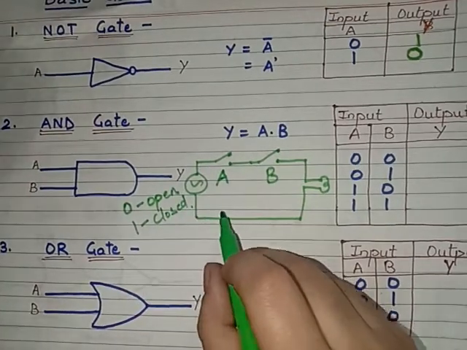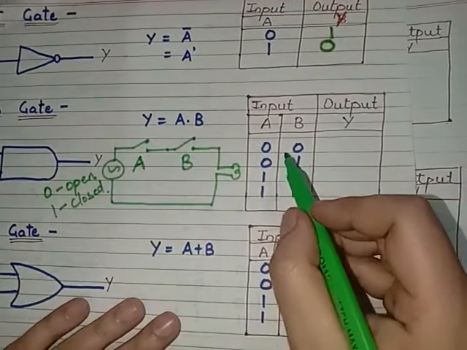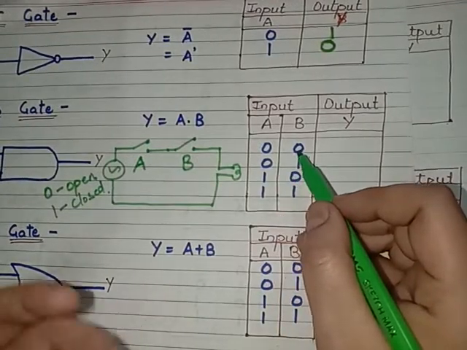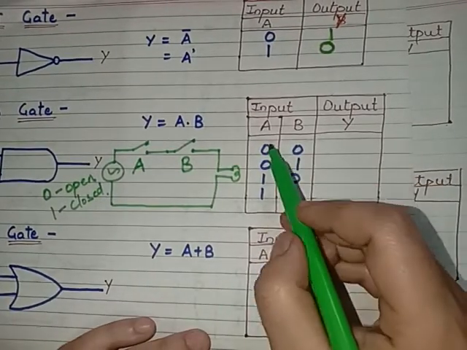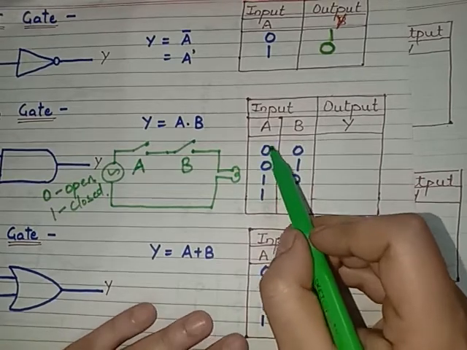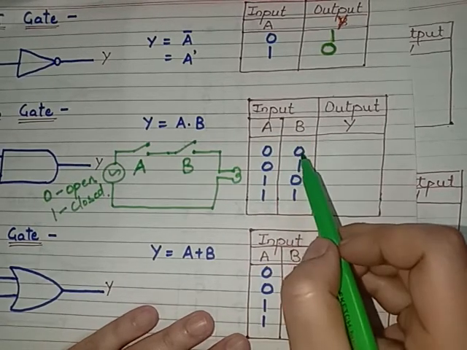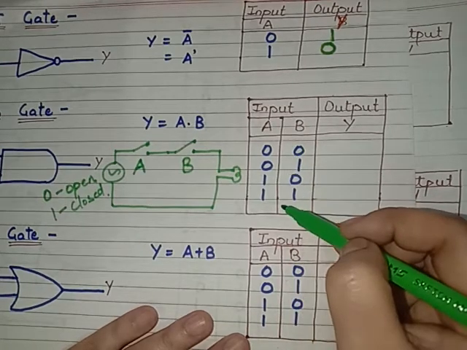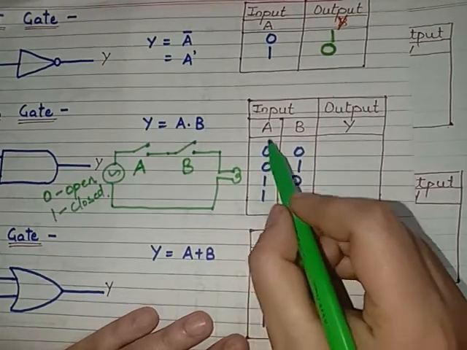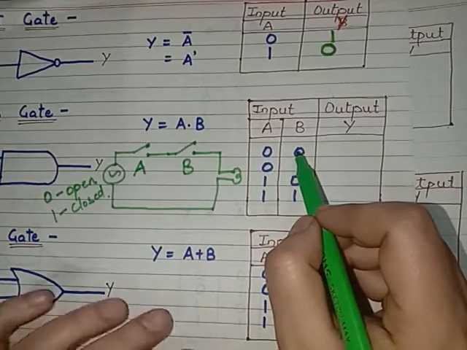So we have here four options, that is four different ways in which we can provide the inputs. We will be considering four different cases. The first case is A may be 0 and B may be 0, both inputs are 0.